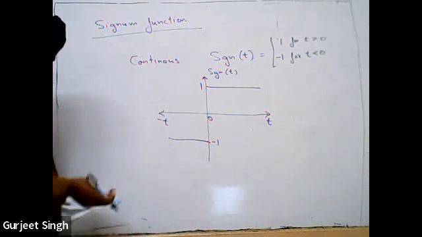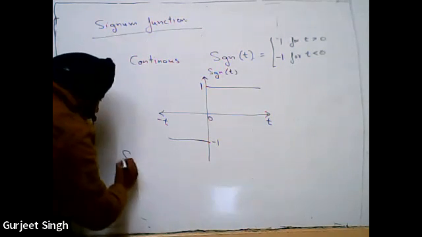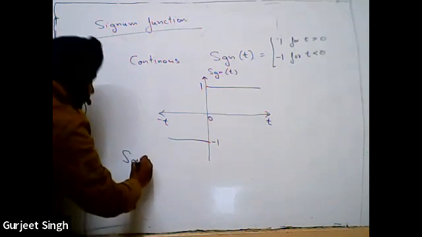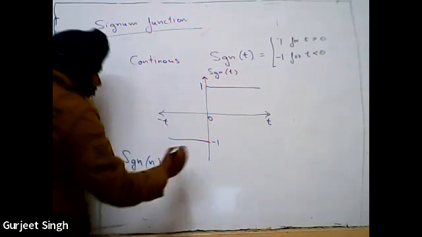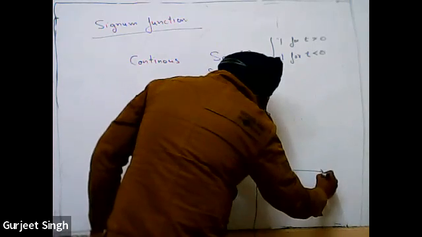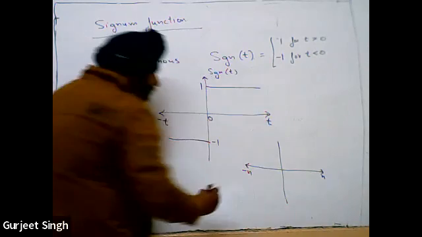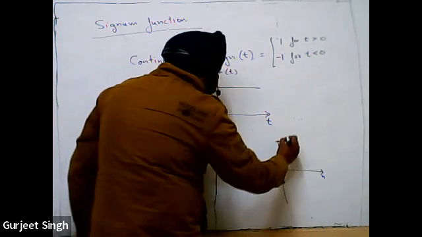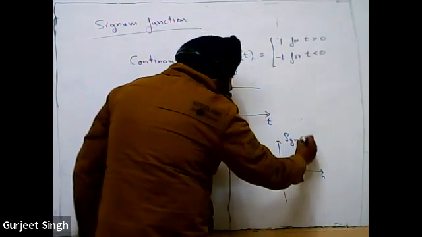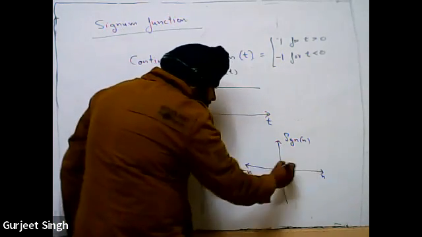Similarly, the discrete type of signum function is denoted by sgn[n]. Here we take the positive values of n, and here the negative values of n. For n equal to 0 we have a 0. For the positive values, 1, 2 and so on, the magnitude is 1, up to so on. For the negative values, it is -1: -1, -2, -3 and so on, we have magnitude -1. Here we have magnitude +1 for the positive values of n.